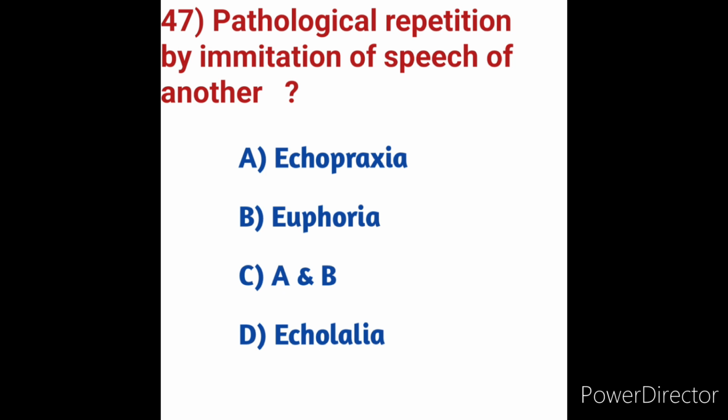For example, you may observe someone yawning and then yawn the same way. When imitating others' actions occurs frequently and involuntarily in later adolescence or as an adult, it could be known as echopraxia. So here the pathological repetition by imitation of speech is termed as echopraxia. In these options, option A is the correct answer. Next we will move on to question number 48.